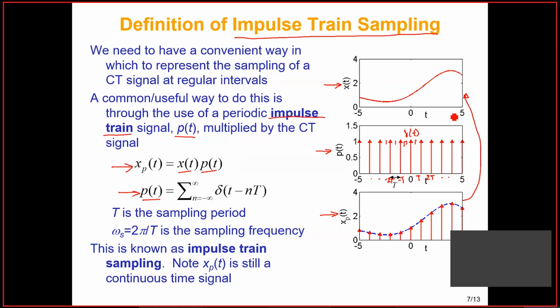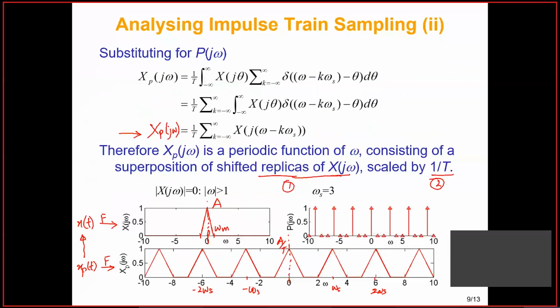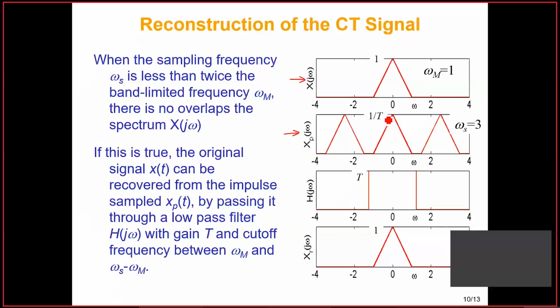For that, if you see this right here, this was your original frequency content, and this is your impulse sampled one. Now, if you want to get back your original contents from this one, we know that we have additional copies, higher frequency contents, and we have a scaling factor right here.